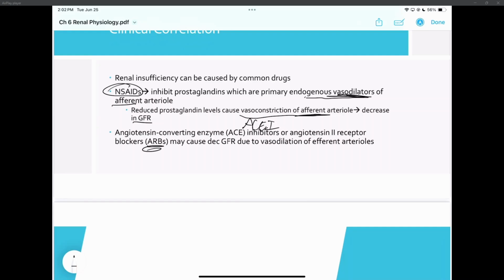So if we decrease the amount of angiotensin in the system, it's going to decrease GFR due to vasodilation of the efferent side, which is why you don't give ACEs or ARBs to kidney failure patients. You're going to make their filtration even worse because you're reducing angiotensin II, which is on the efferent side. We know when we have vasodilation, blood goes too fast, there's reduction in hydrostatic pressure, filtration goes down, and you're making their kidney function worse.